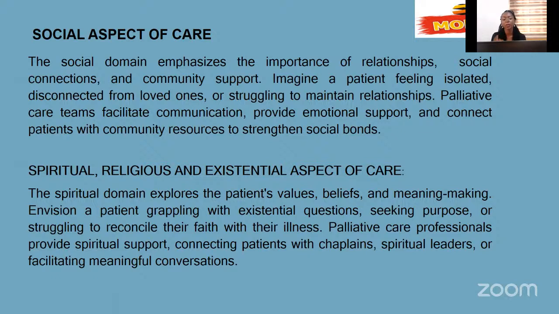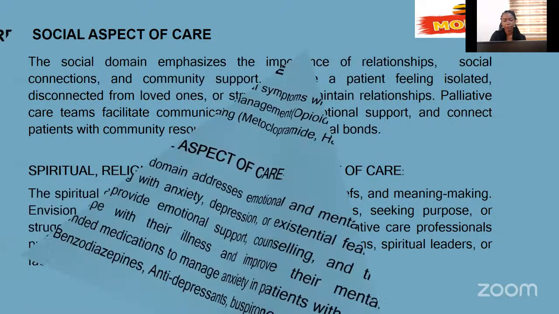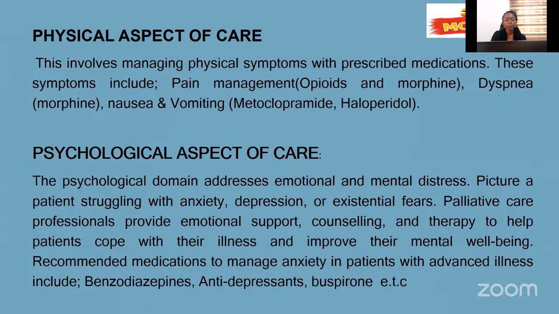I'm trying to just recap so that we will not just be running. The physical aspect of care, managing symptoms, and some few medications I mentioned there. We talked about the psychological aspect of care, which has to do with managing their emotional and mental distresses.